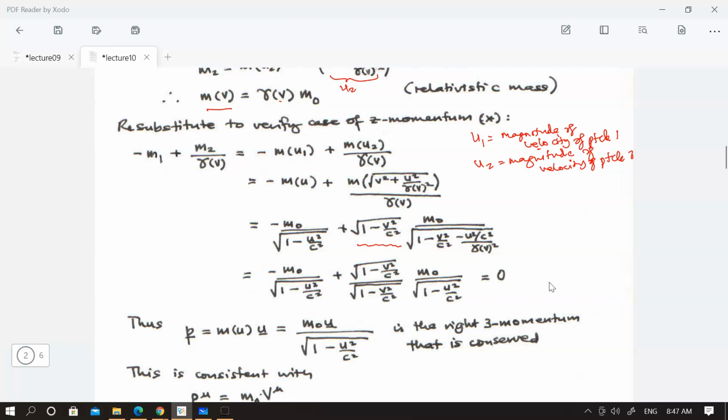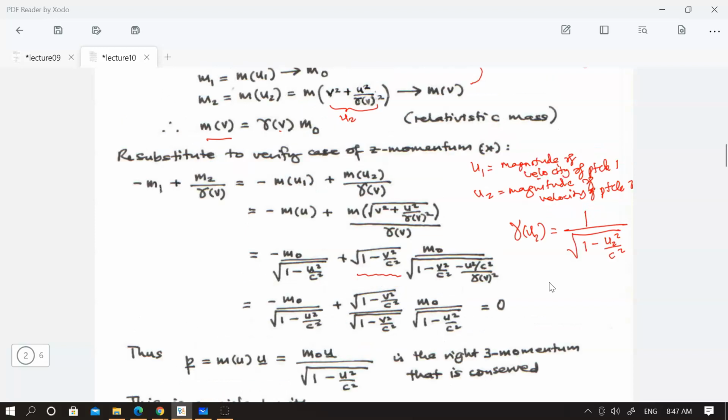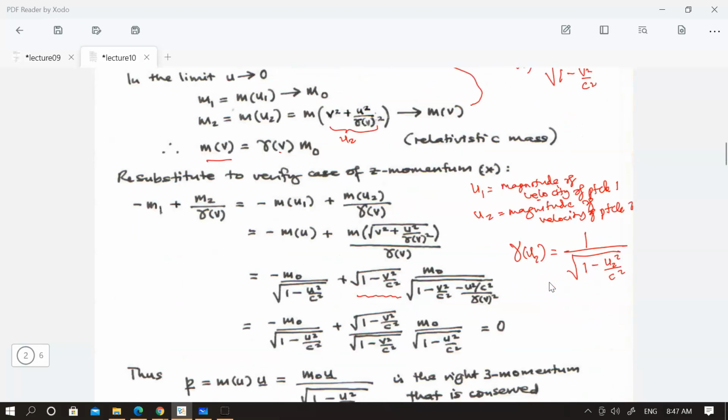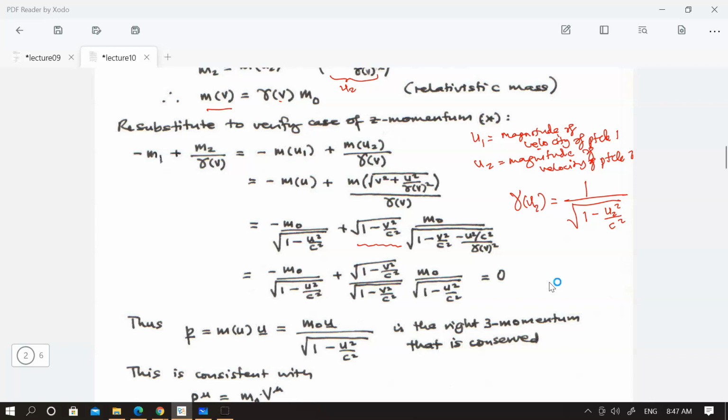Okay, so I'm replacing your u2 by this square root. So what I need in this gamma is gamma u2, and it's going to give you 1 minus u2 squared on c squared. Okay, but u2 squared is given by what? This one. Okay, and essentially that gives you this factor underneath.